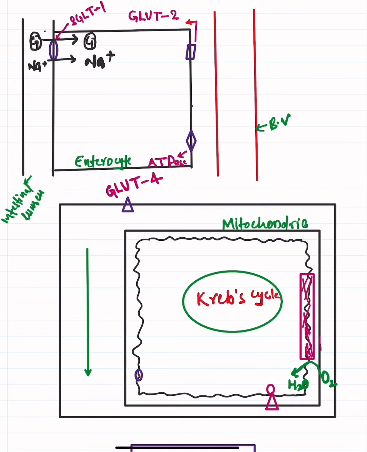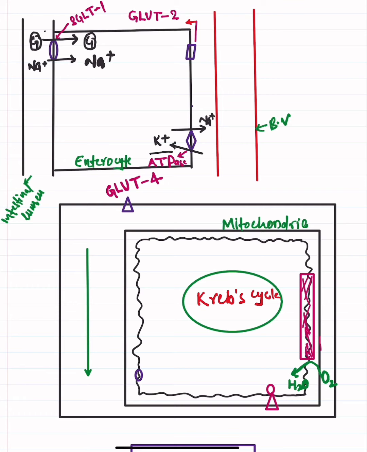So there should be some way to remove the sodium from the cell. Here you can see the sodium potassium ATPase. This will move the sodium out, and with that potassium will come inside, right? This sodium potassium ATPase uses energy in the form of ATP.